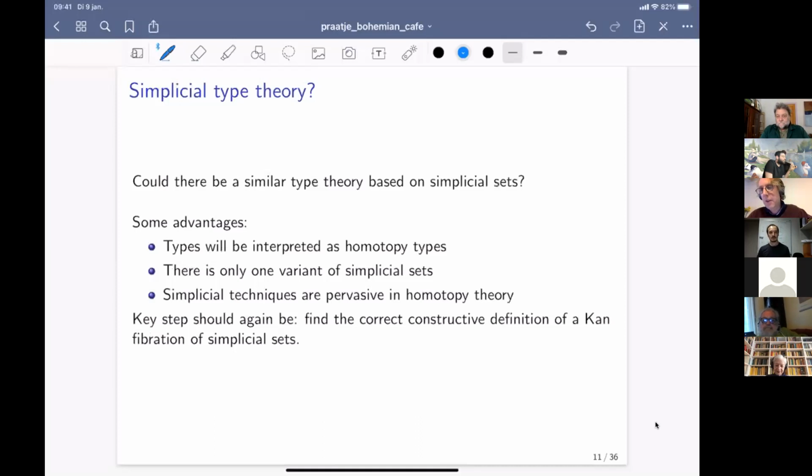I think there could be several advantages over the cubical approach. One is that people use all kinds of cubical sets, so there are many different variants of cubical sets around, whereas there's only one version of simplicial sets, so we don't have to have a discussion about what you mean by a simplicial set.